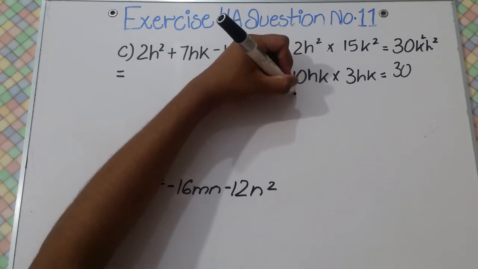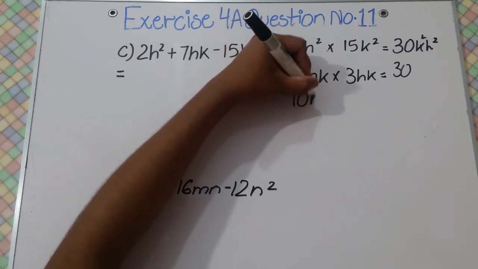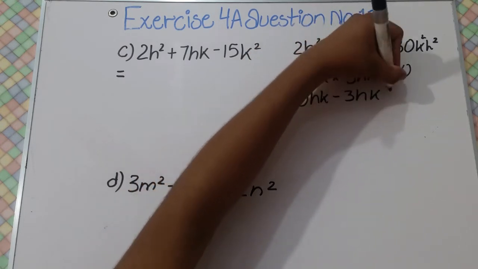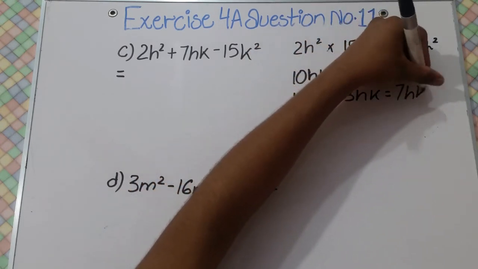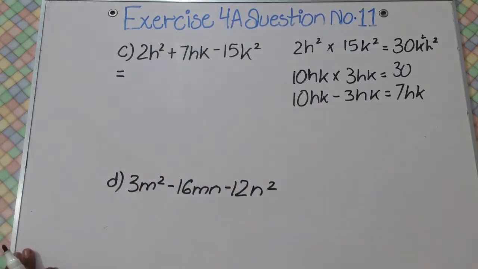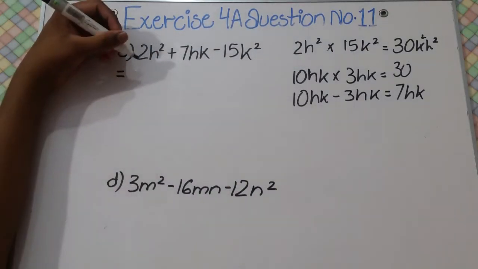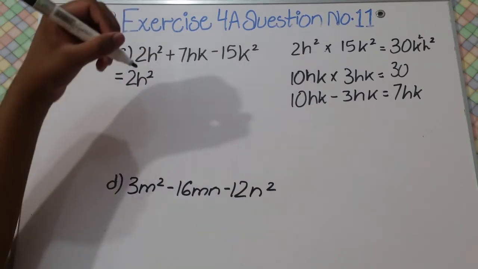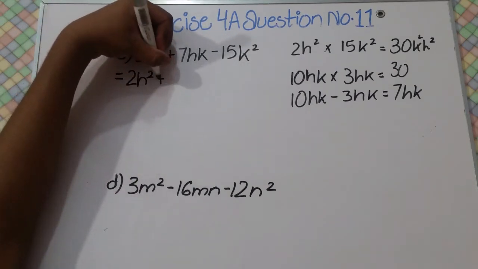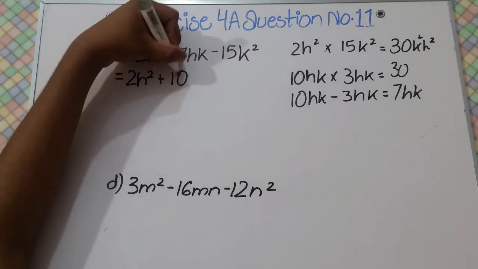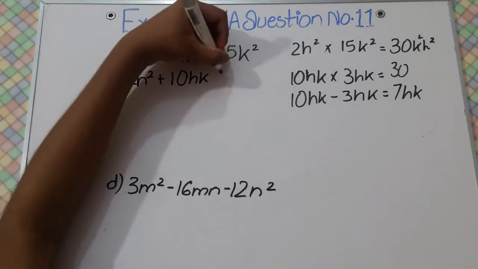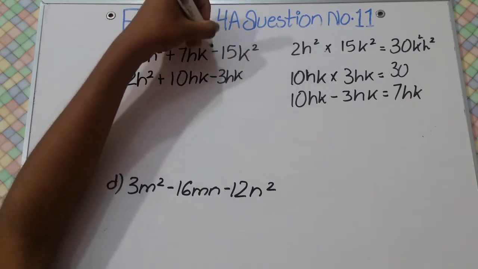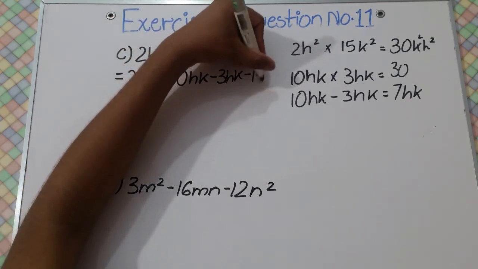And if we subtract 3hk from 10hk, it would be 7hk. Same like this. Now we have found the middle term, so 2h square plus 10hk minus 3hk minus 15k square.